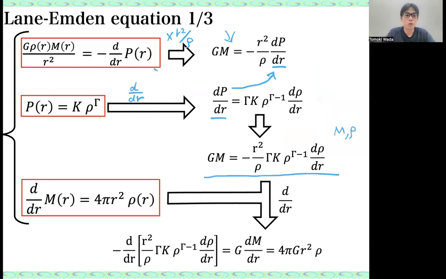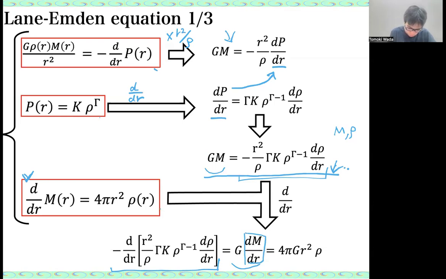And I want to eliminate one of them just using the continuity equation. So in order to use this equation, we take the r derivative of this equation. When we take the r derivative of this equation, the right-hand side becomes this, and the left-hand side becomes this, and we get dM/dr.